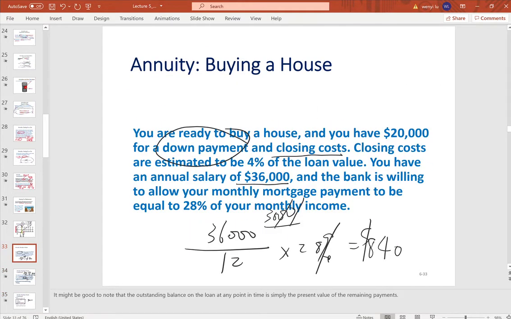Next one will be about the sense of the mortgage and house purchase. You can see here, the closing costs are estimated to be 4% of the loan value, and the 20,000 includes both closing cost and down payment.